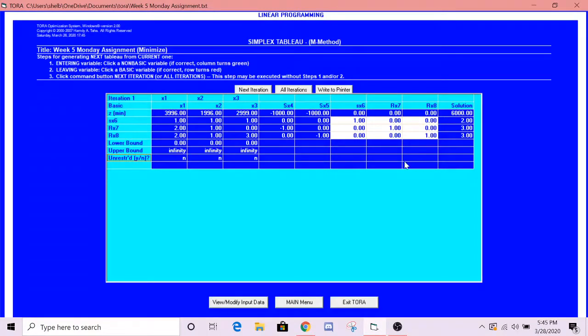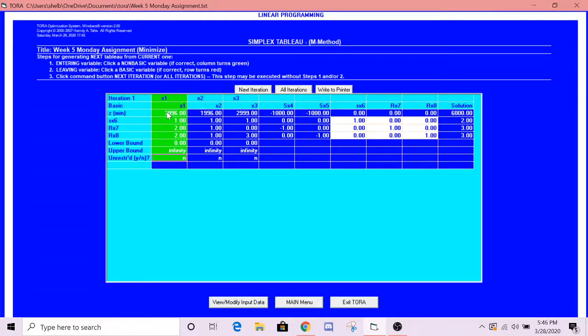This has it in the form to where our A's are already going to be pivot rows. So it already figures that out for us. We just need to optimize it. So since we're minimizing, we look for the largest, most positive in row 0. Click that, and you'll know you got the right one when it turns green.